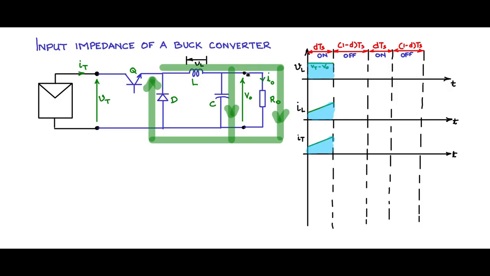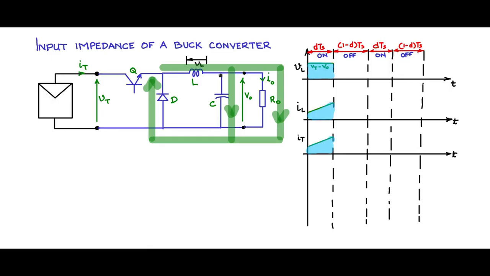So under this operating mode, let us see how the waveforms develop. The voltage across the inductor during this mode of operation is minus V0. That is because this node is connected to the ground, so this potential is 0.